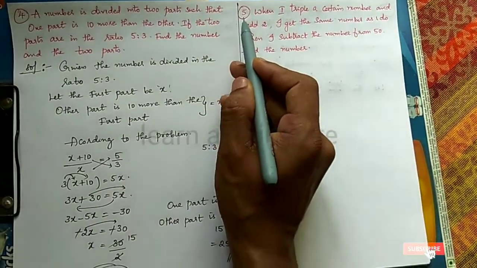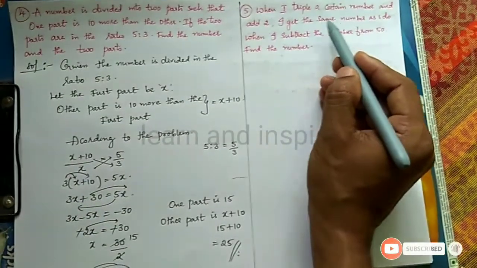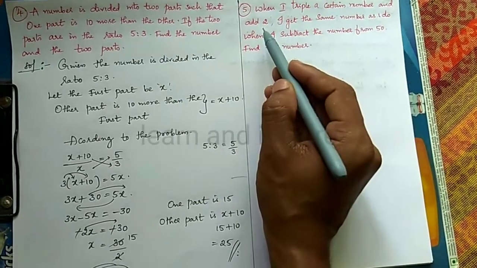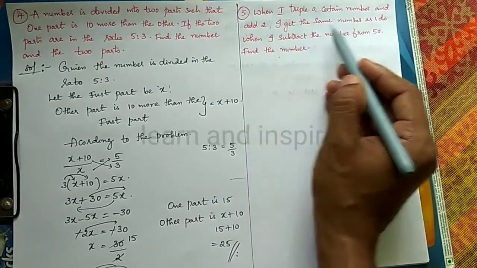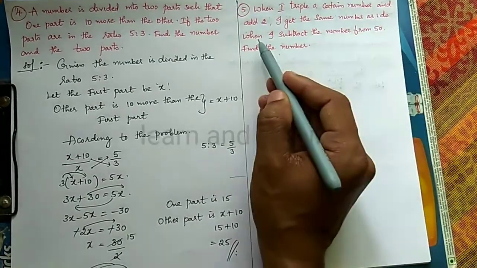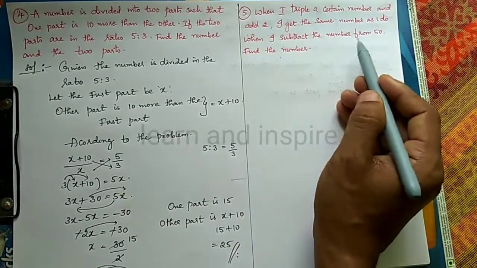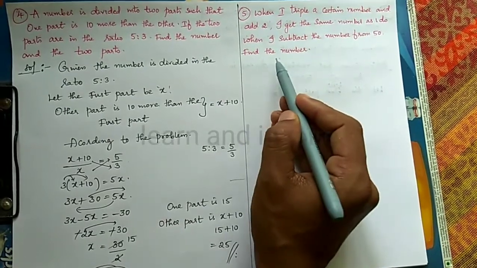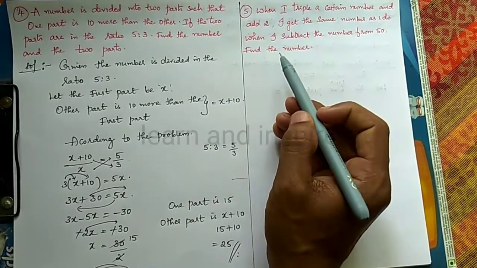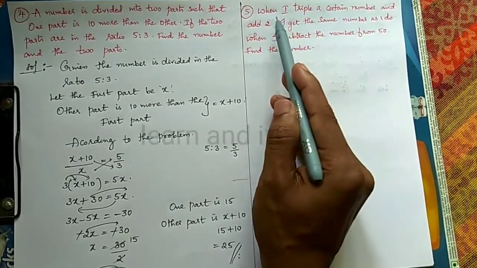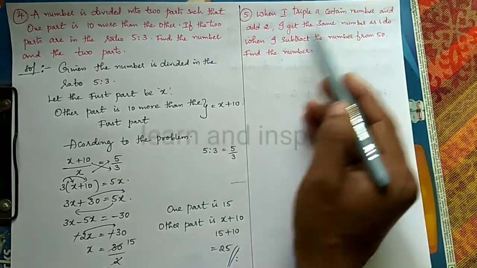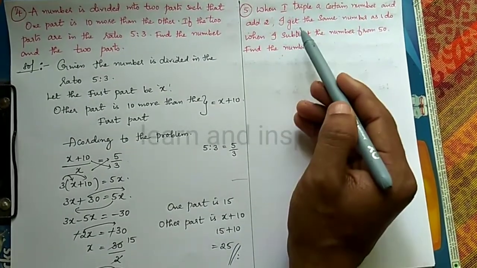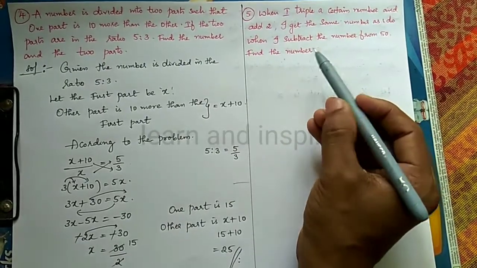Next, question number 5. When I triple a number and add 2, I get the same answer as when I subtract the number from 50. We have to find that number. We do not know the number, so let us assume the number to be x. When I triple the number, it becomes 3x.